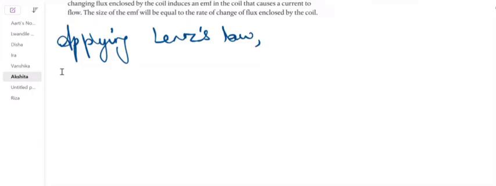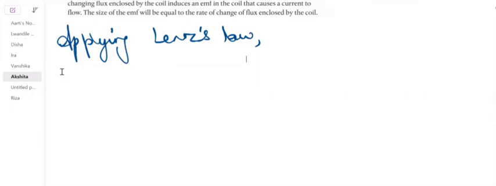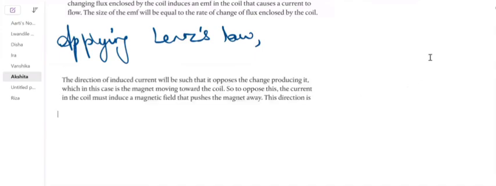The direction of the induced current will be such that it opposes the change producing it. In this case, the magnet is moving towards the coil, so it will oppose this. So the current in the coil must induce a magnetic field in such a way that it pushes away the magnet. This direction is as shown.